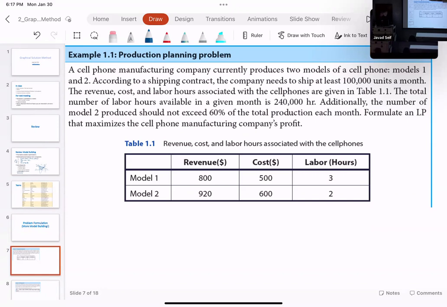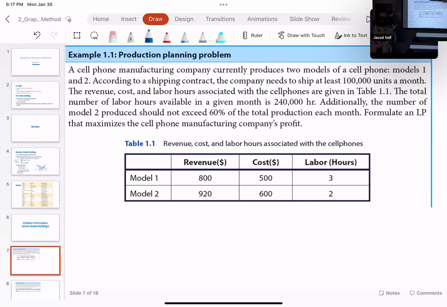Okay, anyone? So input is what? Data, parameters. It's given to us. So we have two types of cell phones we want to manufacture, Model 1, Model 2. Each one gives us the revenue and has some cost. Obviously, revenue minus cost gives us the profit.